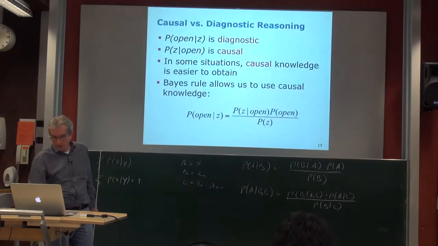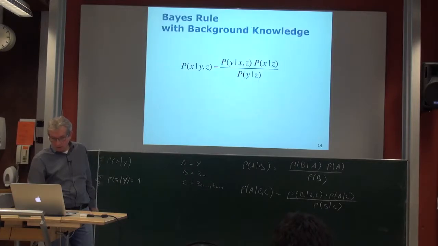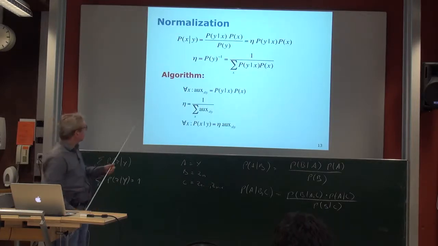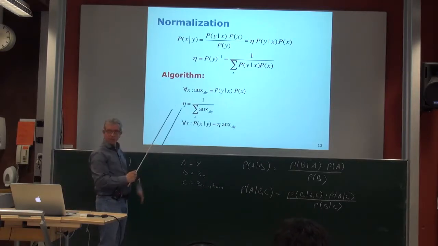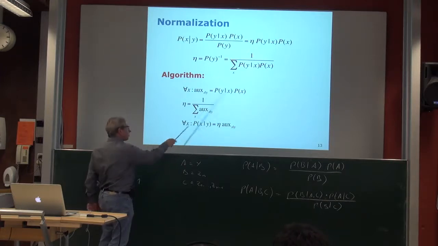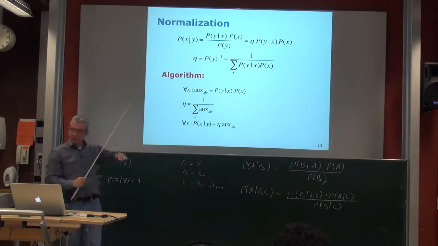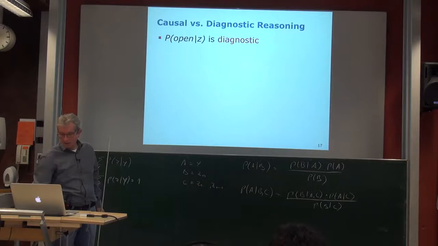This was the description of how to calculate this denominator. You see that this is the sum over those terms over here, and we spelled this out in this example with the door opening.